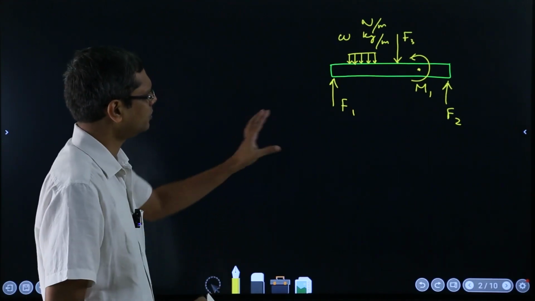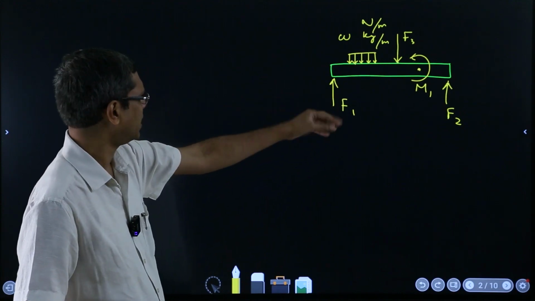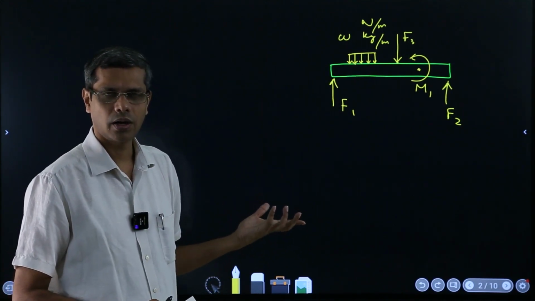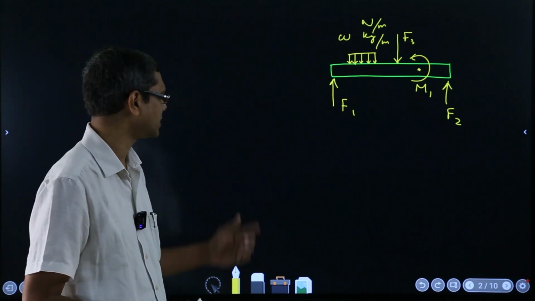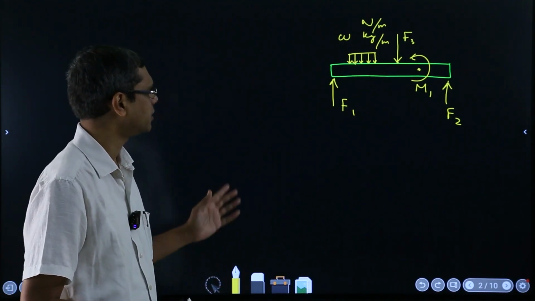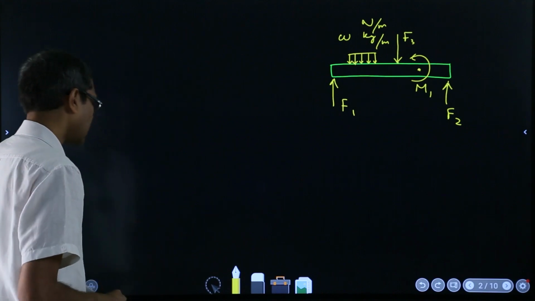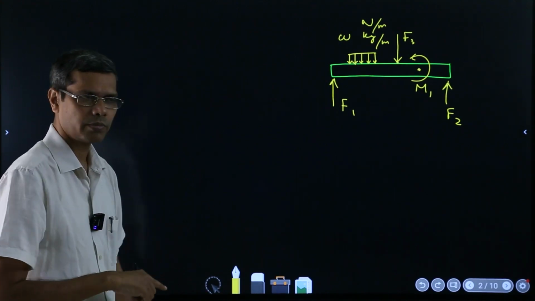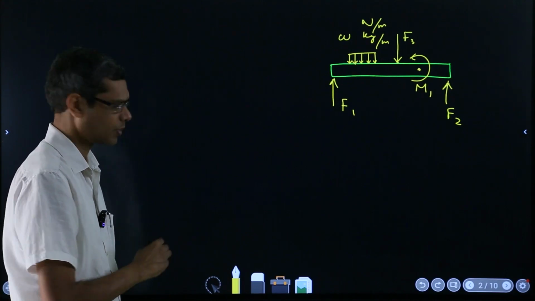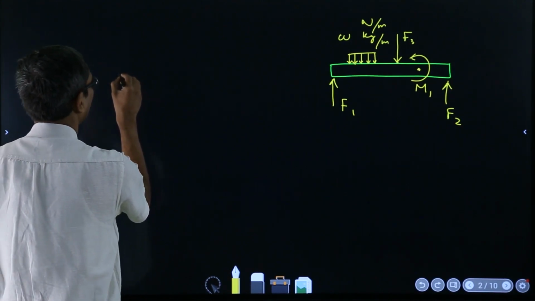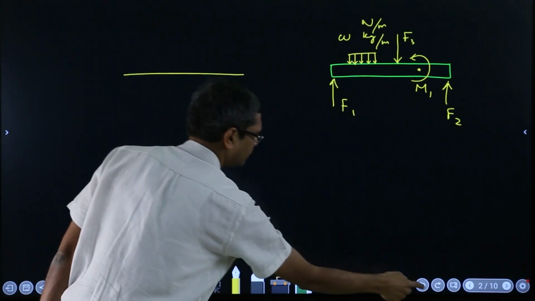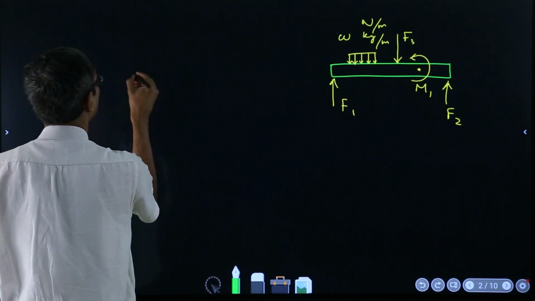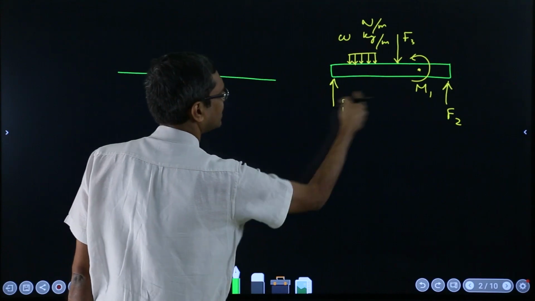Okay, so that was about the representation, and this is a representative configuration on which we will discuss what exactly we mean by shear force and bending moment diagram. As I mentioned, it is just a graph on which the x-axis is the x direction.